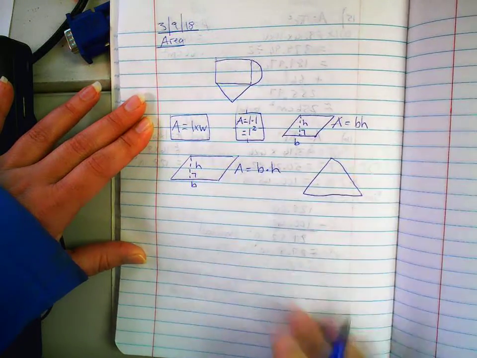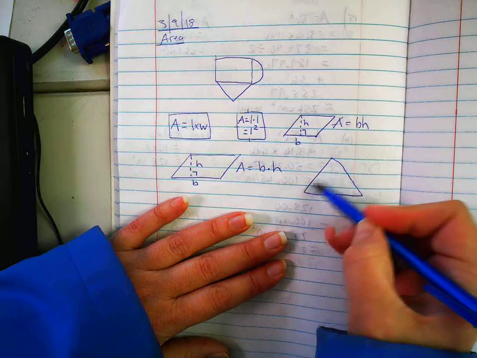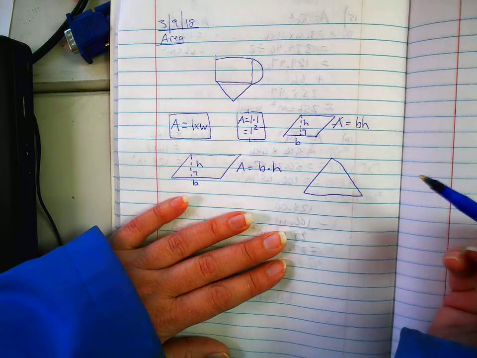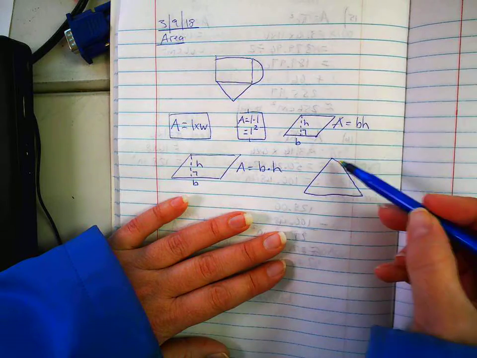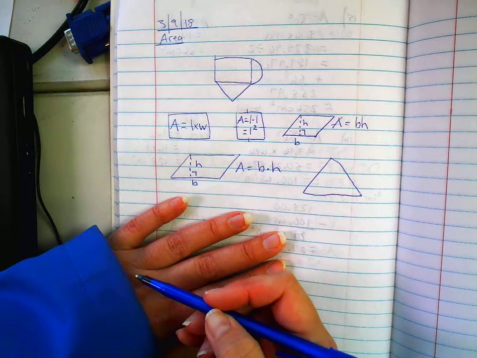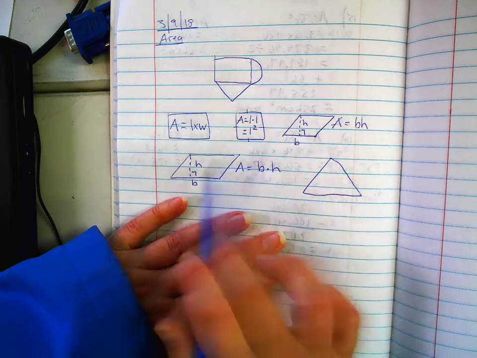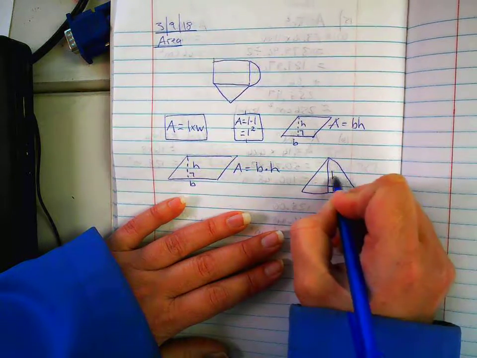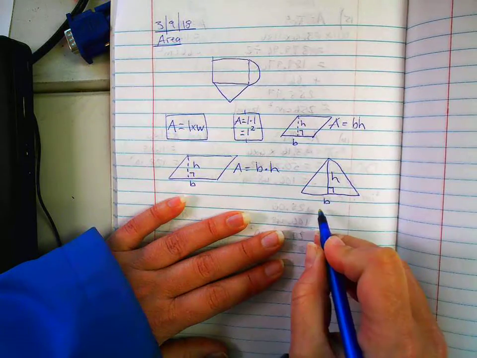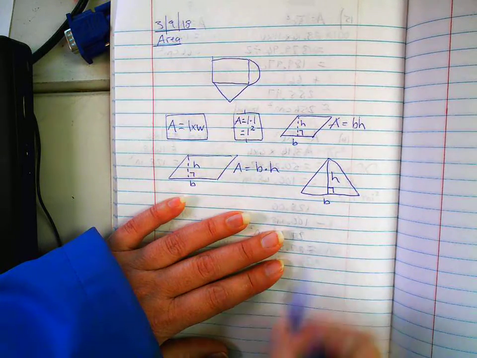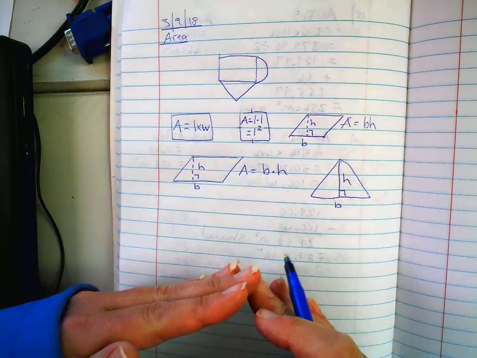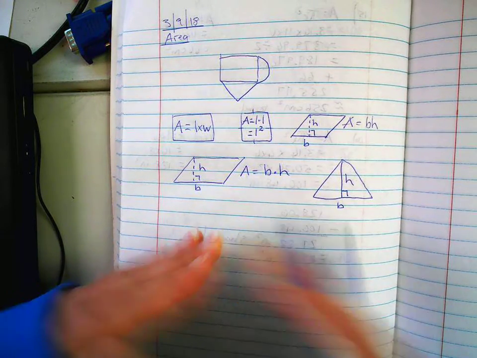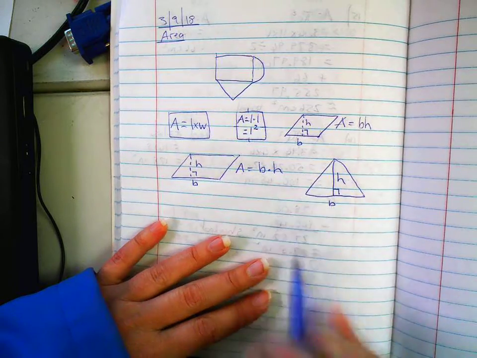Okay, we get to triangles. On a triangle, you've got a slanted side and a slanted side, sometimes just one slanted side, but the point is, you don't need these slanted sides to work out the area. Again, just like the rhombus and the parallelogram, it needs a 90-degree base and height, but because it's a triangle and these two sides come together, they're making the original shape smaller, so we have to divide the base times the height by 2.